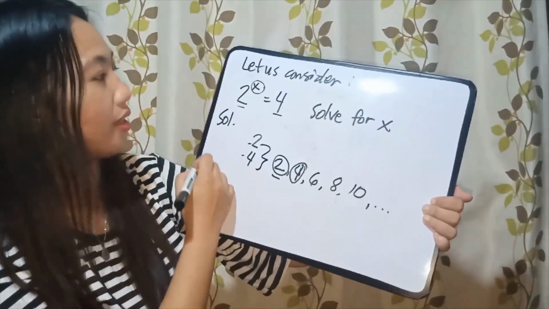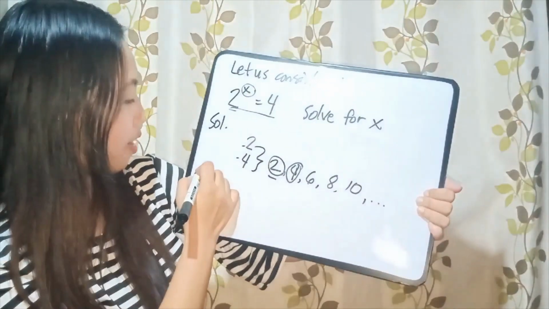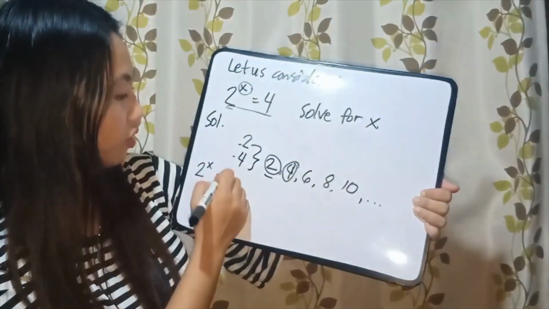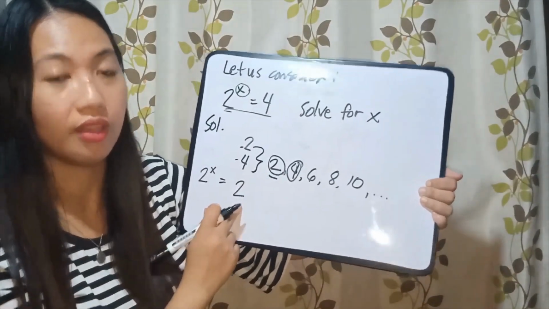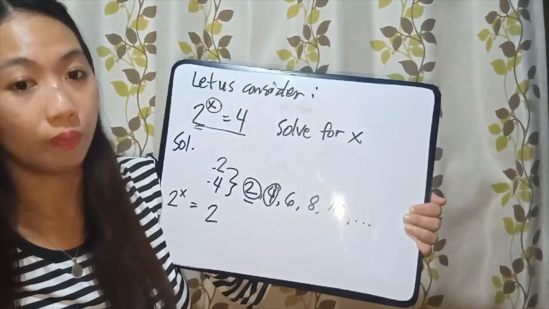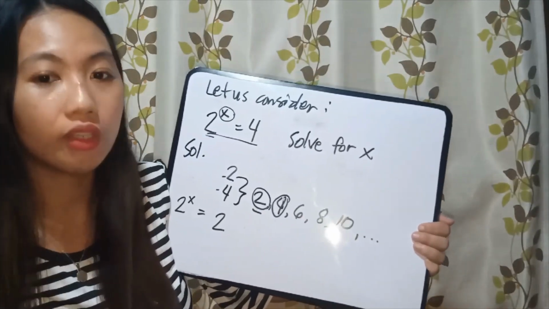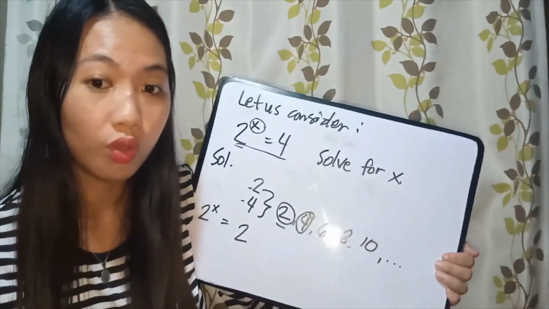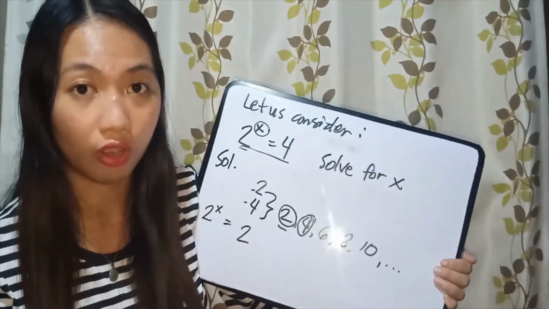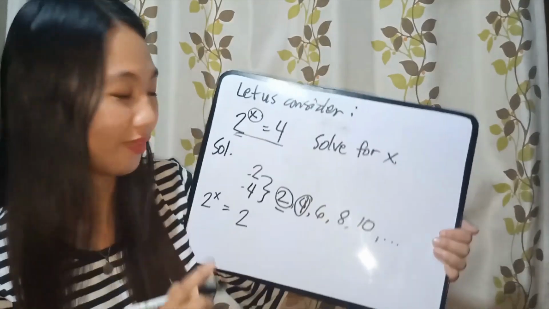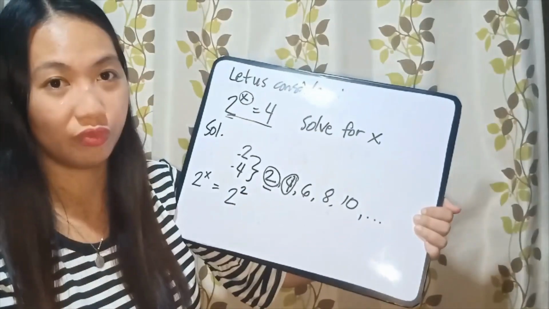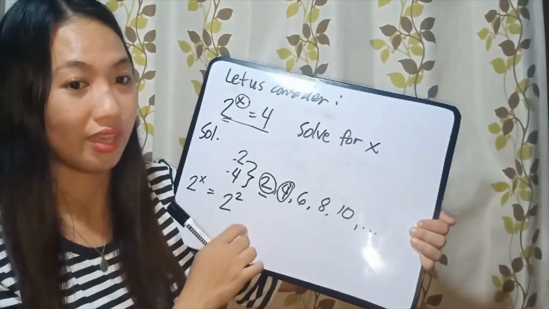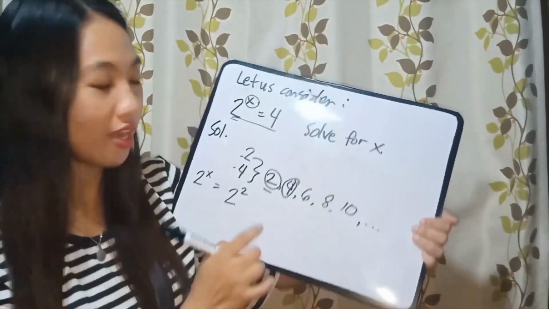So let us rewrite the expression. So we have 2 raised to x is equal to 2 as our base. Okay, next, now what number would be raised to 2 that is equal to 4? 2. Okay, 2, so you're right. We have 2. So 2 raised to 2 is 4. Okay?